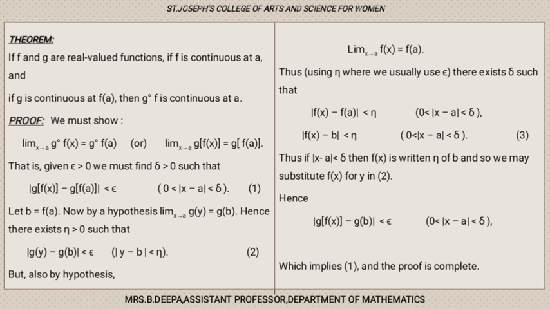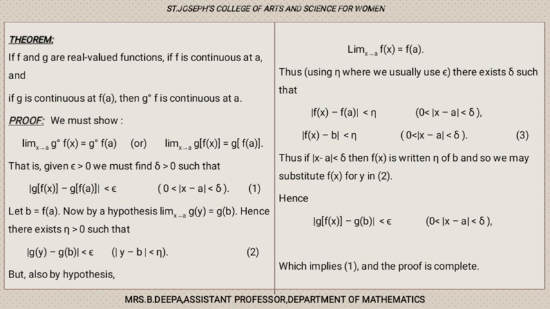Let b equal to f of a. Substituting this value, there exists eta greater than 0 such that modulus of g of y minus g of b is less than epsilon, whenever modulus of y minus b is less than eta. But also by hypothesis, we know that limit x tends to a of f of x equals f of a. Therefore, modulus of f of x minus f of a is less than eta, where modulus of x minus a lies between 0 and delta.